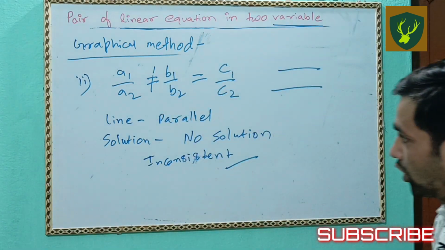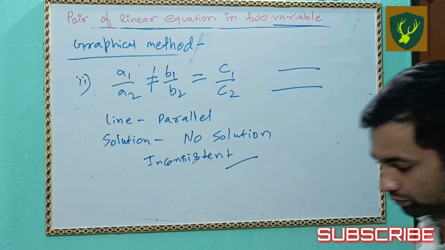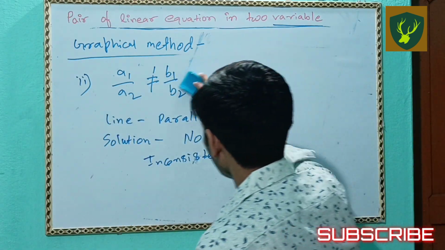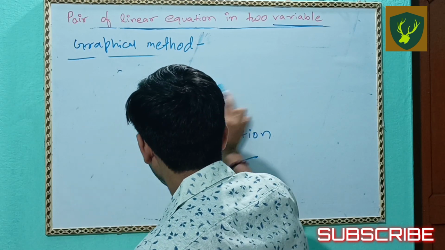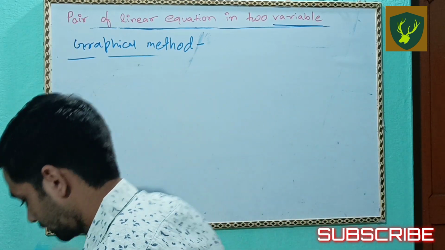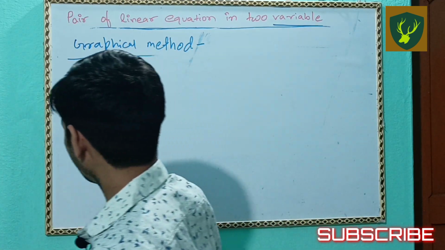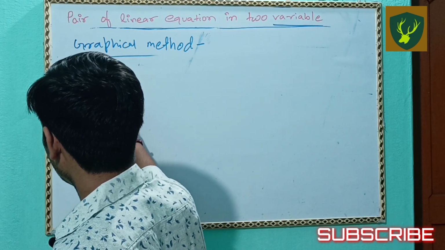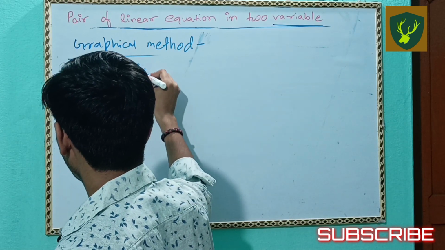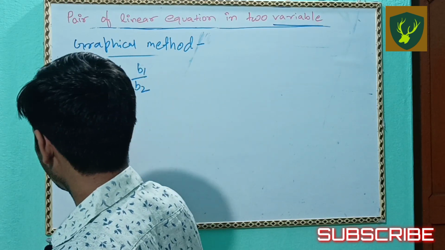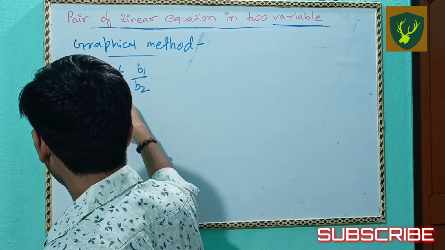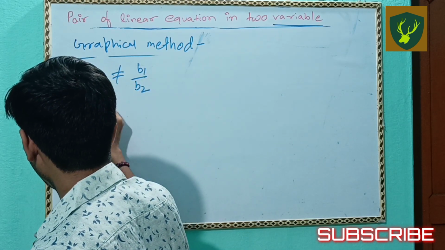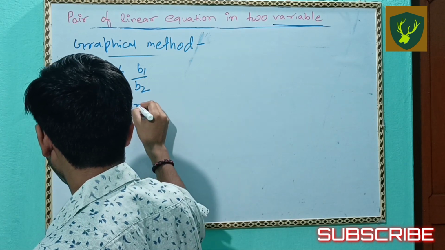Got it? Once more I am explaining it in one way. First, if ratio of a1 by a2 not equal to b1 by b2, then the lines will be intersecting.